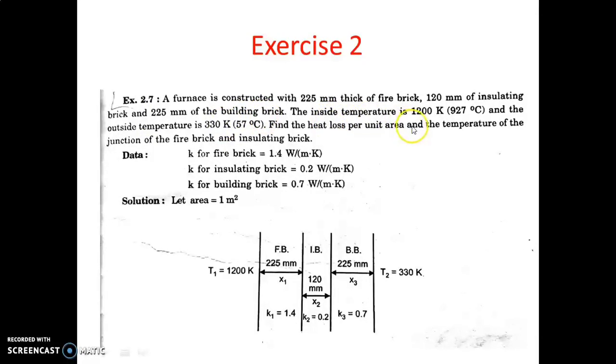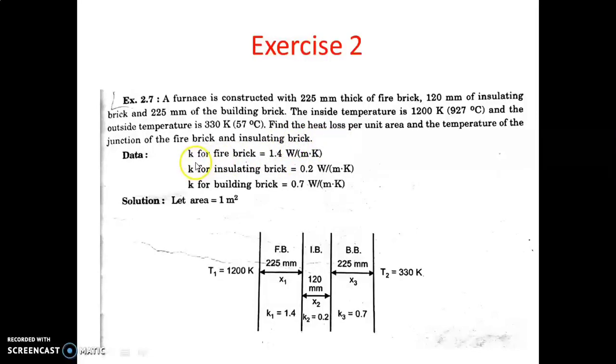So there are three types of bricks, and the inside temperature is 1200 Kelvin and the outside temperature is 330 Kelvin. Find the heat loss per unit area and the temperature of the junction of the fire brick and insulating brick.